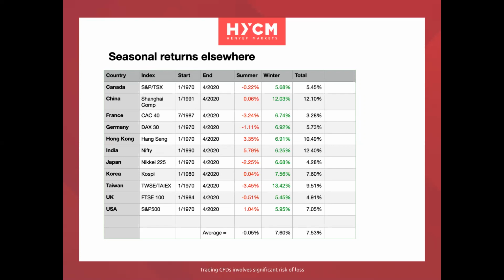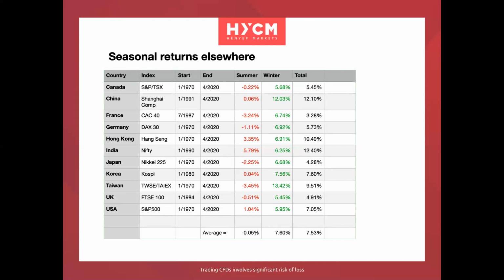You can see the top of the chart. Now, the total return is only 5.45%. So again, you are better off holding that equity market between November and April at 5.68%. Now, if you held through the summer, you could expect a seasonal return of minus 0.22%. So you see, you are disincentivized from holding over the summer.